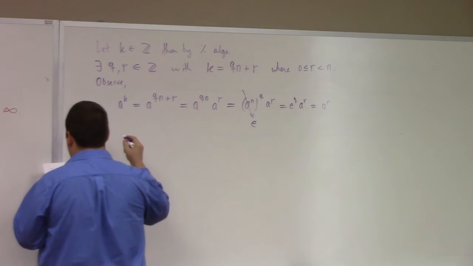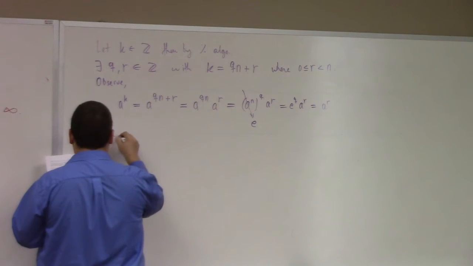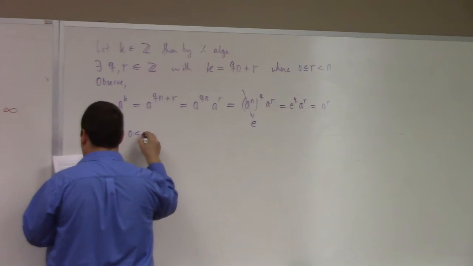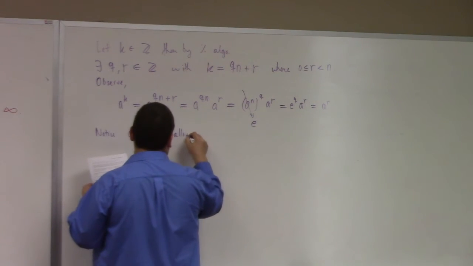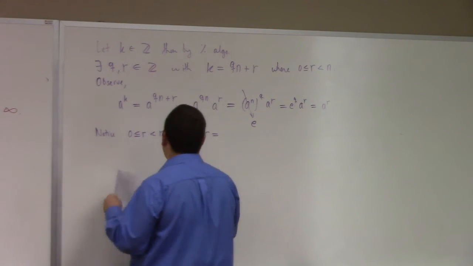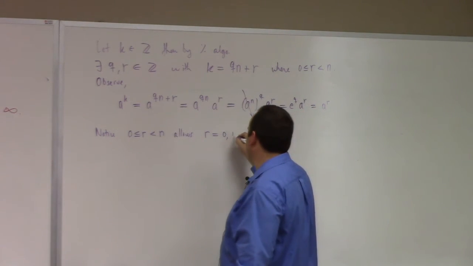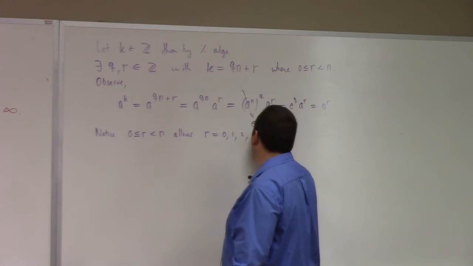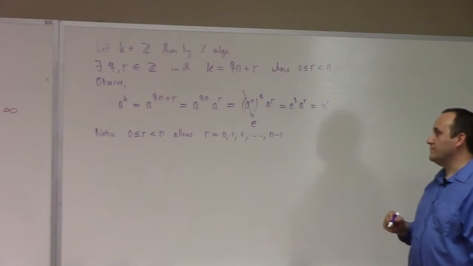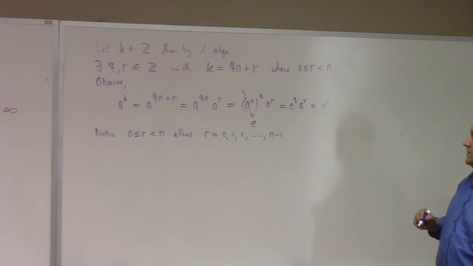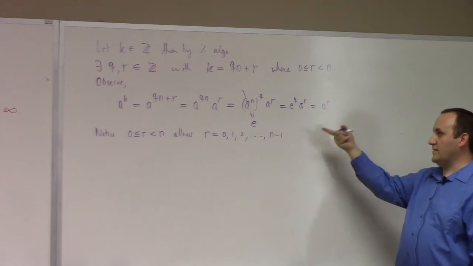So, consider then 0 less than or equal to r less than n allows what? What are the possibilities for r in here? Of course, 0, right? 1, 2, all the way up to what? n minus 1. And what does this calculation right above show?